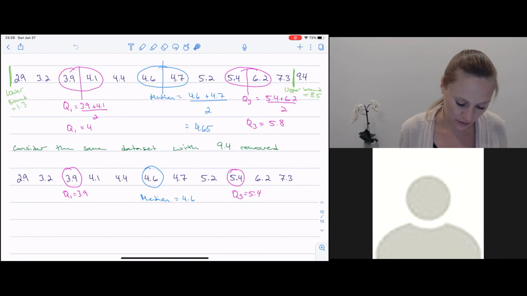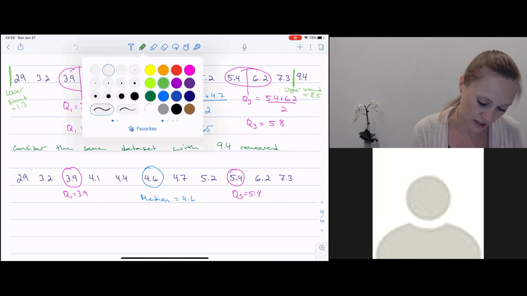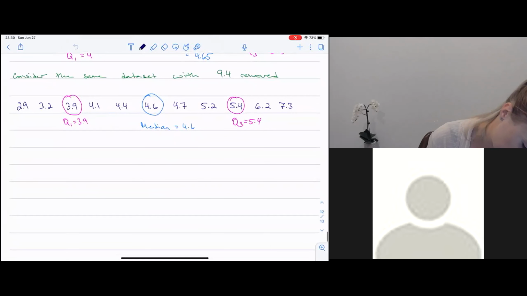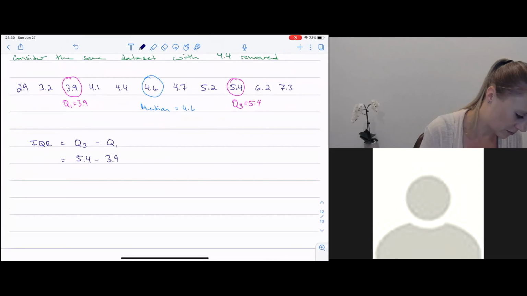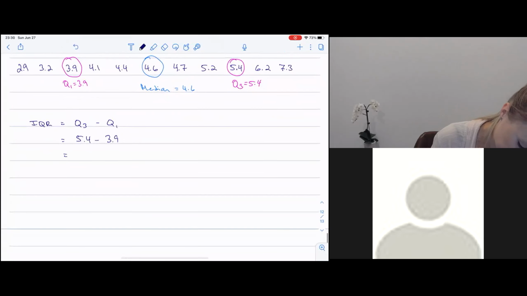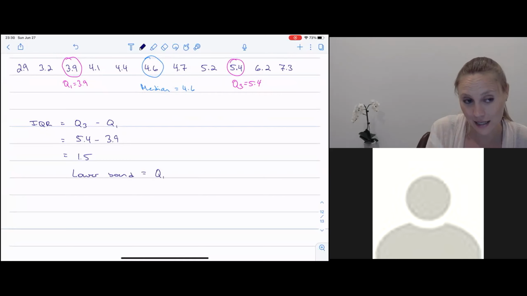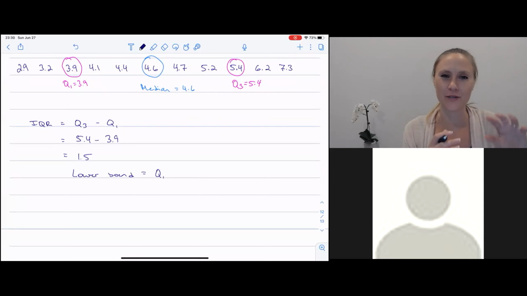Okay, so first thing we have to do is find the interquartile range. In this case, the interquartile range is still Q3 minus Q1, but it's going to be 5.4 minus 3.9, which puts me at 1.5. So then my lower bound is Q1 minus, because now I want to go down, 1.5 times 1.5.